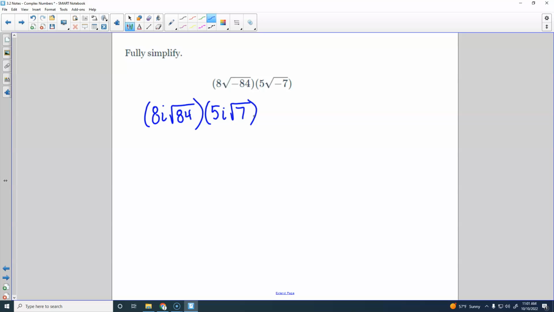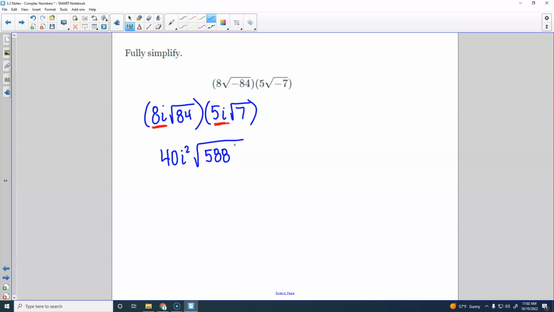So if we multiply the stuff on the outside of the square root together, we will get 40. What's i times i? i squared. Okay? On the inside of the square root, let's grab the calculator for that. 84 times 7. 588.